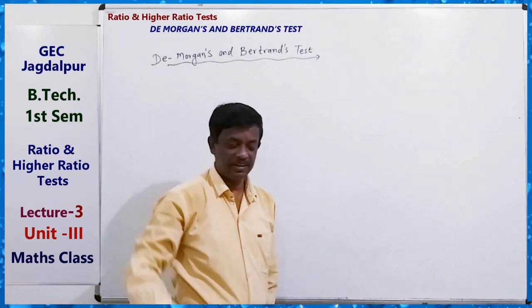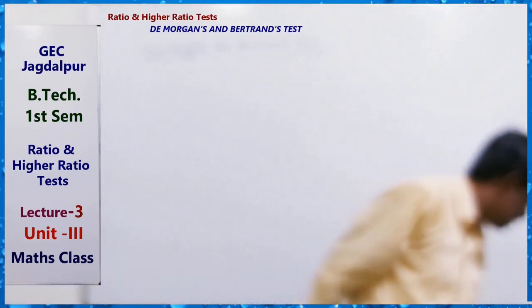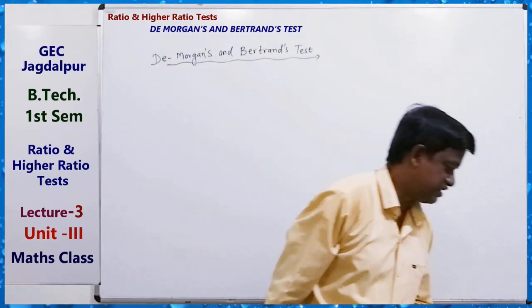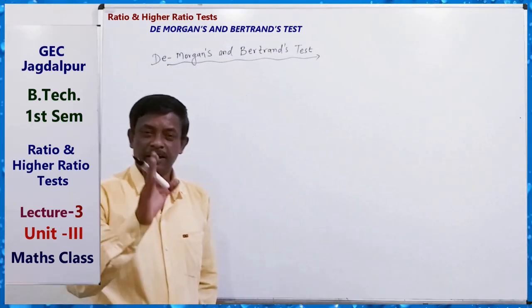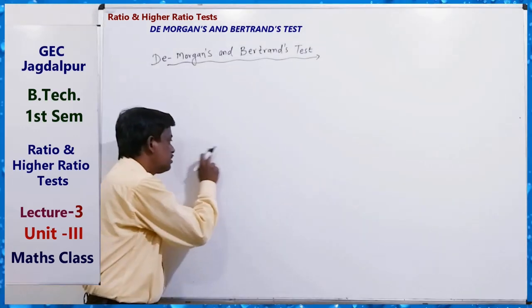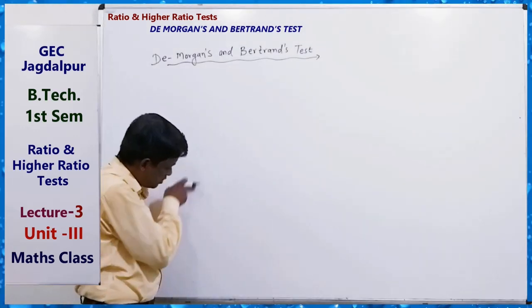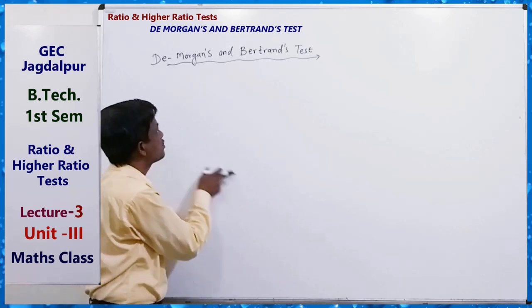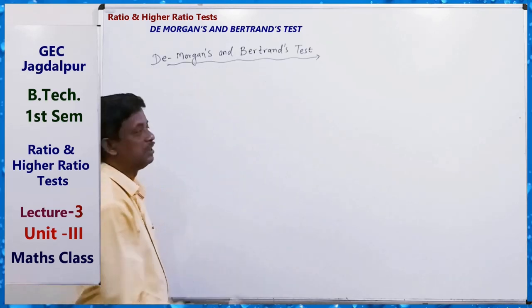After this test, De Morgan's and Bertrand's test. If ratio test fail, reverse test fail, then you can use either Gauss test or also can use this test.